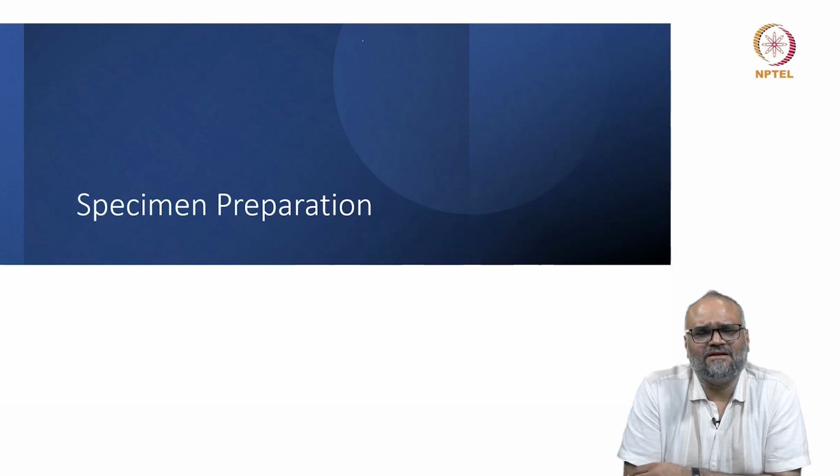In the very introductory lectures, we mentioned that one of the limitations of TEM is you see projected information, and in addition, preparing a specimen is challenging because not all materials will allow electrons to pass through. There is a strict limit on how thick the specimen can be.